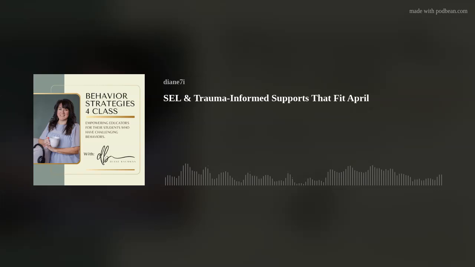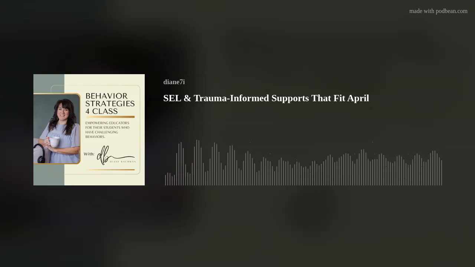Number 4, belonging and connection builders. What are ways that you can build belonging and connection with your students? And then number 5, those growth mindsets using spring themes, right? I know we all love those spring themes.